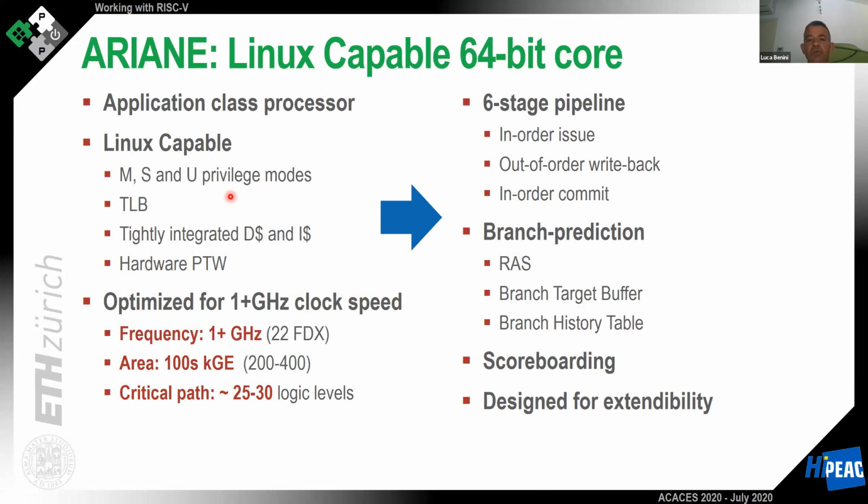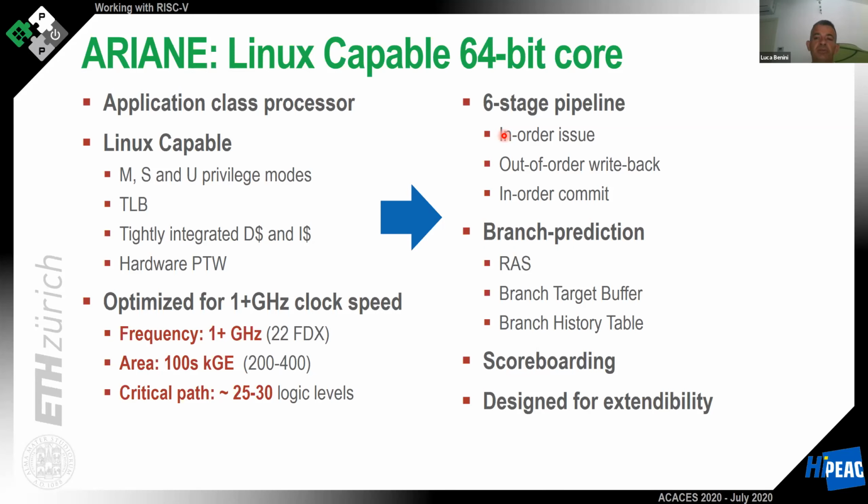Which implies, from the point of view of the microarchitecture design, the choices you see on the right-hand side of this slide. So we needed to move from a flat pipeline that we use in microcontrollers with 3 or 4 stages to a deeper pipeline, 6 stages. Why not deeper?